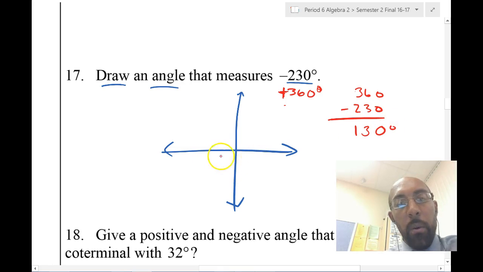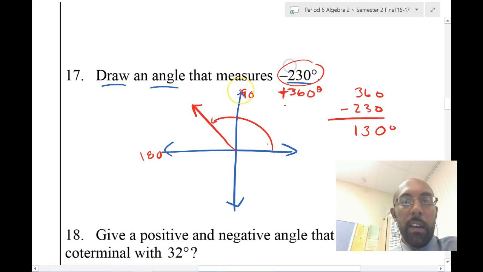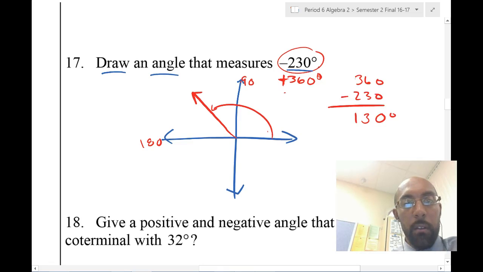All right, so I know where 130 is, because 90 is here, 180 is here, so that means it's somewhere between here and there. So it's about there or so, and that's all you need to know. If you get an angle that you're not really sure where it's at, because it's negative or maybe it's really big, subtract 360 or add 360 until it's something you're more familiar with.